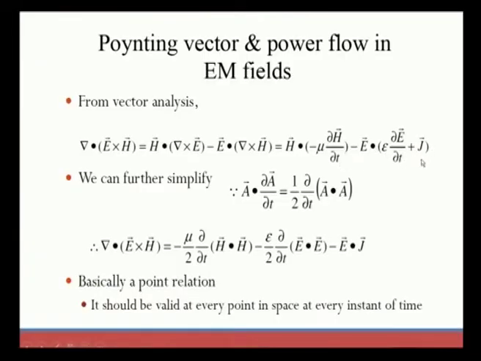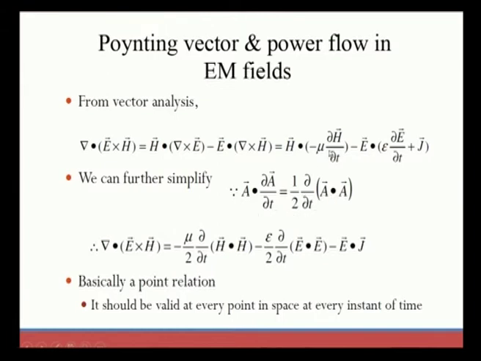So, for these two equations that we got with the help of the two Maxwell's curl equations, the obtained expression can now be rewritten in this form. There is a rule that A dot dou A divided by dou t is always equal to 1 by 2 dou of A dot A, the vector product of A, divided by dou t.